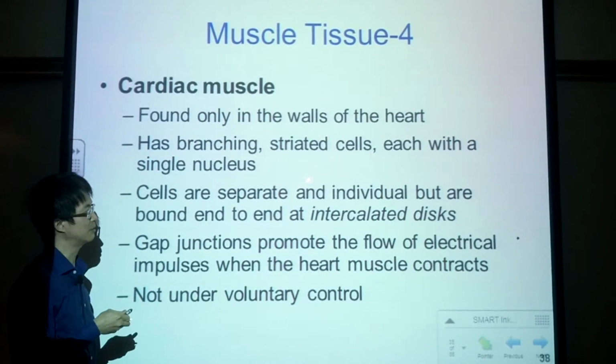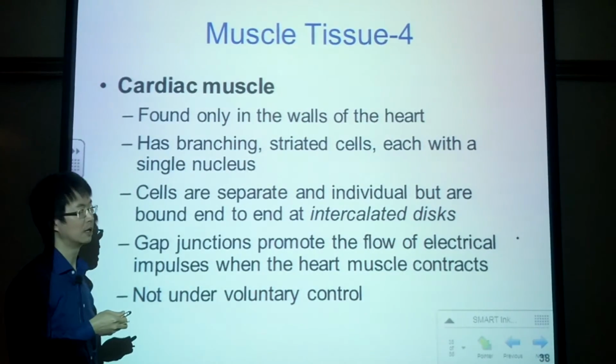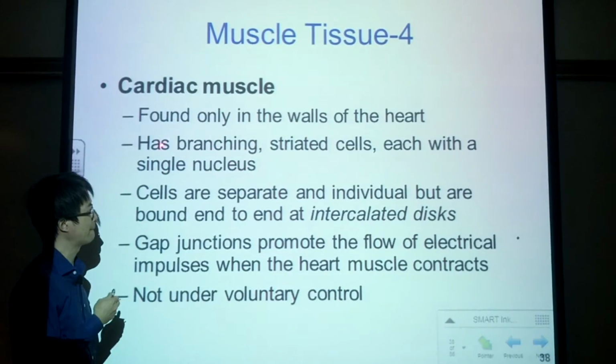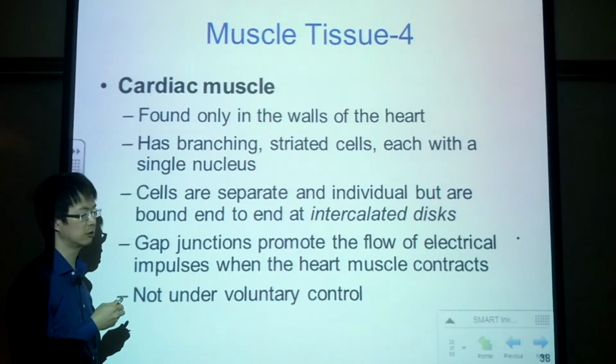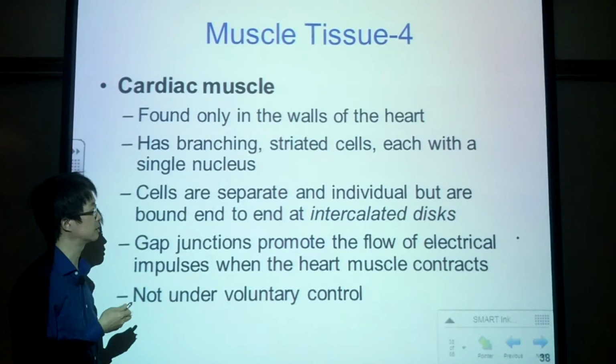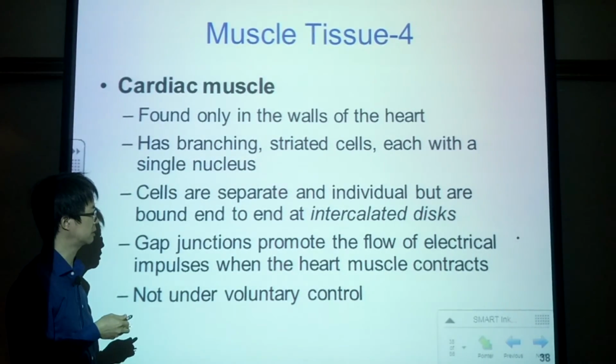They are like skeletal muscle. They are striated, meaning that you can see dark band and light band. But they are similar to smooth muscle because they have a single nucleus. So each cardiac muscle cell has one nucleus, but they have this special branching that connects each other laterally.